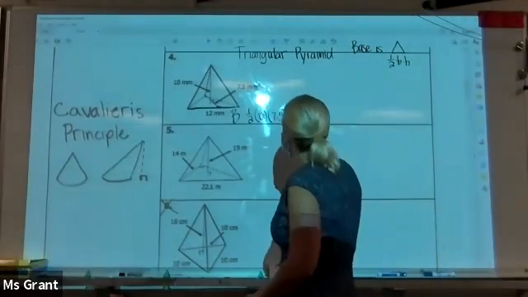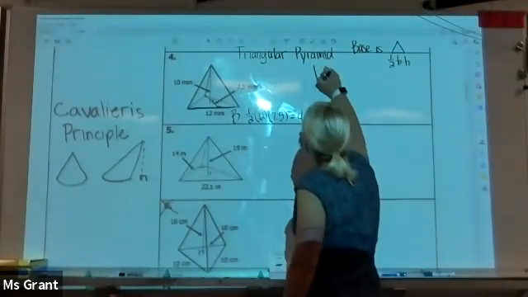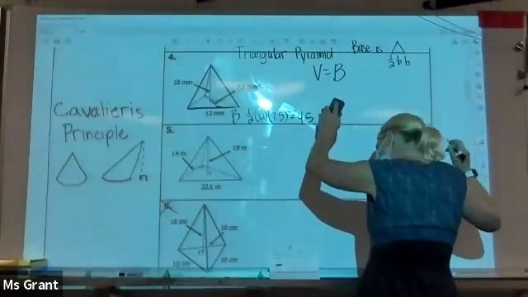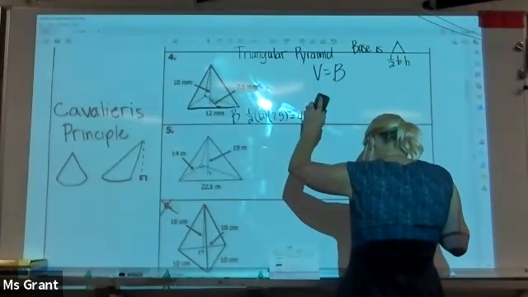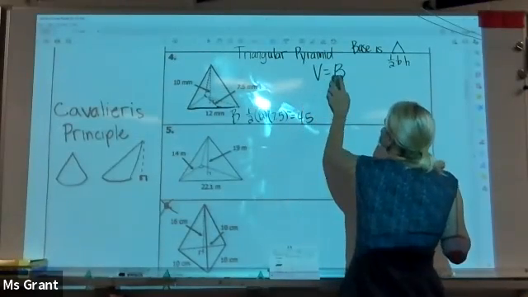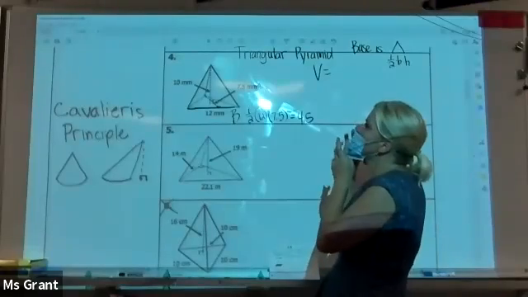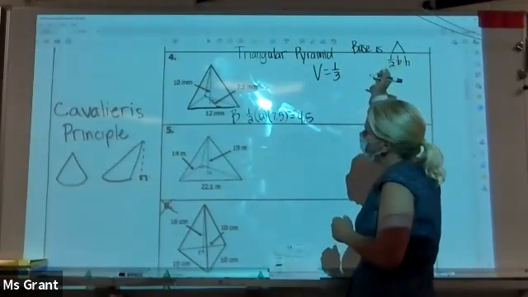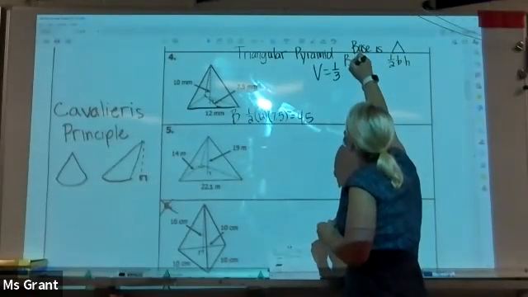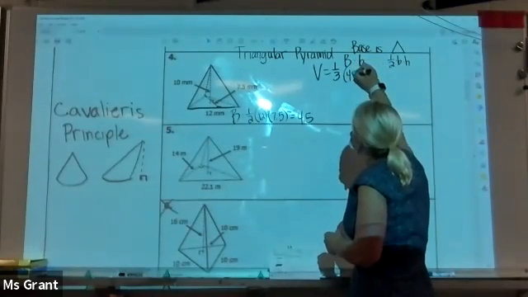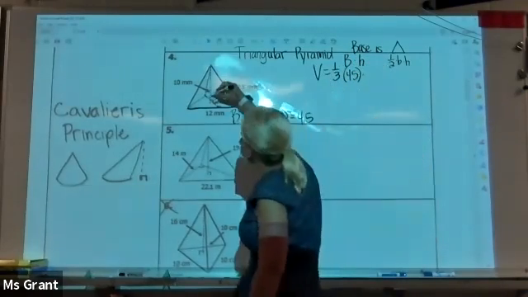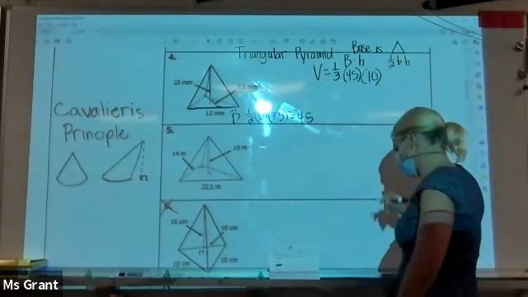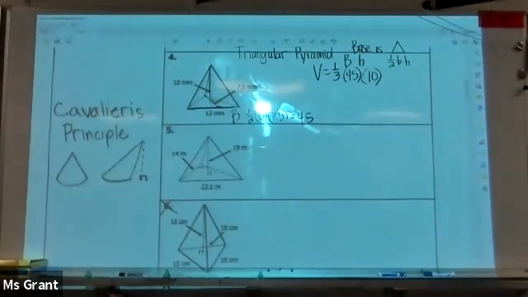45, thank you. So here's my formula. Volume equals 1/3, sorry, getting a little ahead of myself. 1/3 the area of the base times height. Times, and look, this is 10 high. Okay, good.